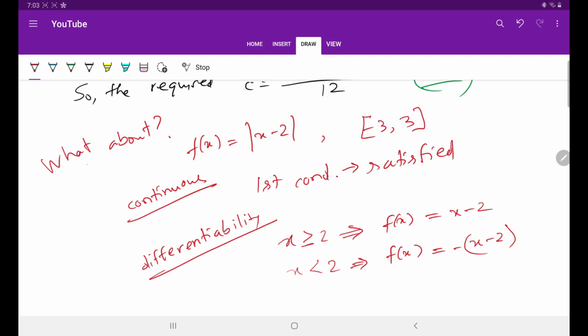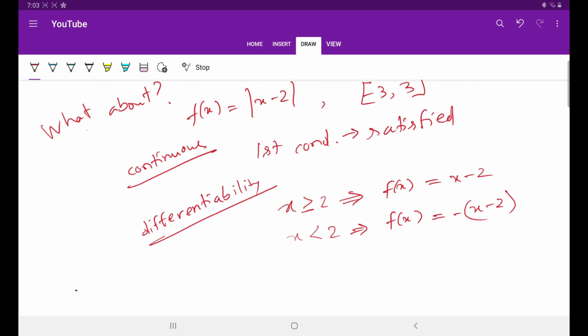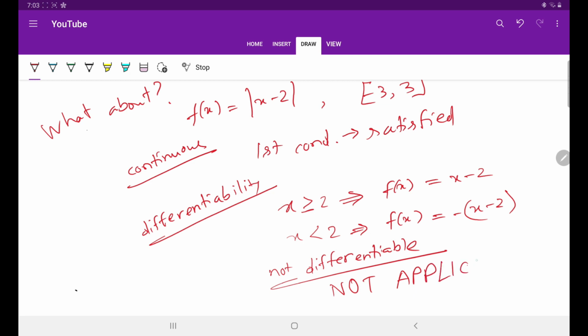So we cannot differentiate a function which has 2 forms in 2 types of range. Okay, so it's not differentiable. Then this one is not applicable to find out the c. Not applicable. Okay.